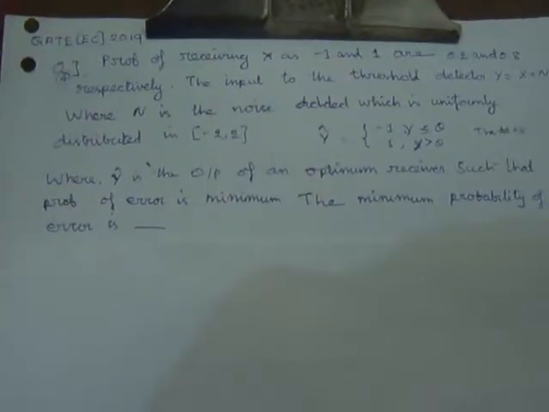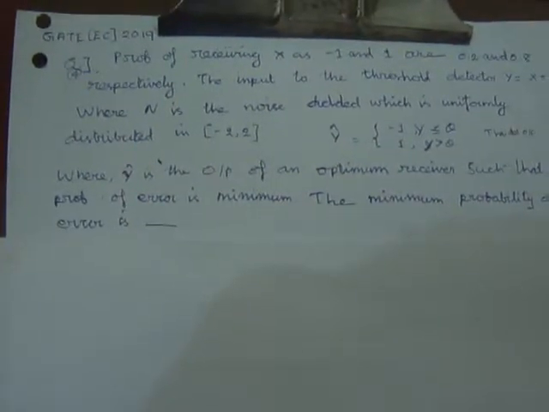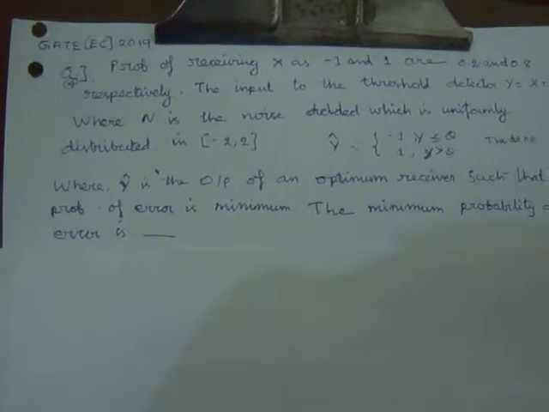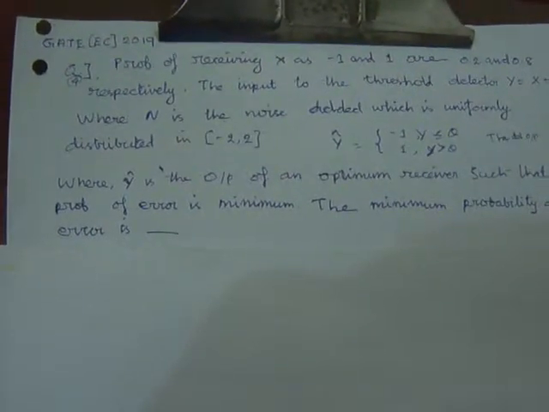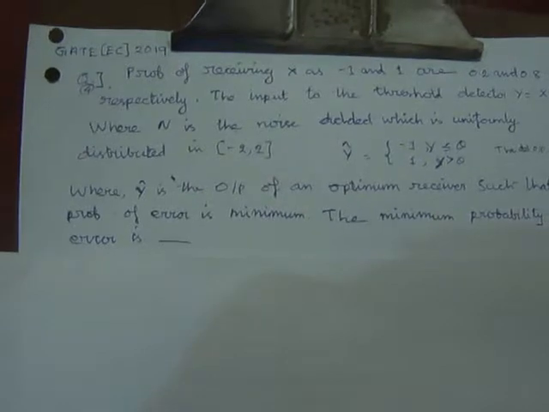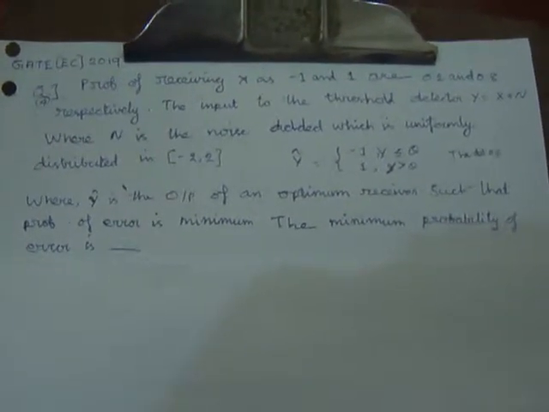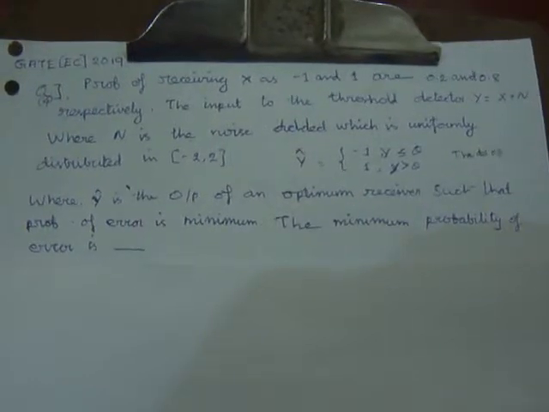Okay. In this video we are going to see the question of GATE EC 2019, which is from communication systems. The question is: the probability of receiving X as -1 and 1 are 0.2 and 0.8 respectively.